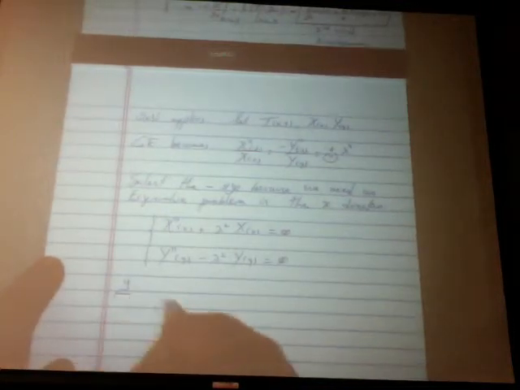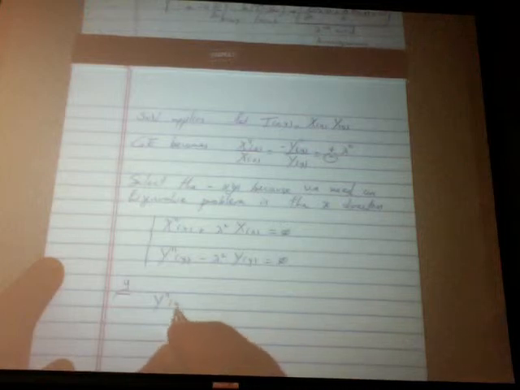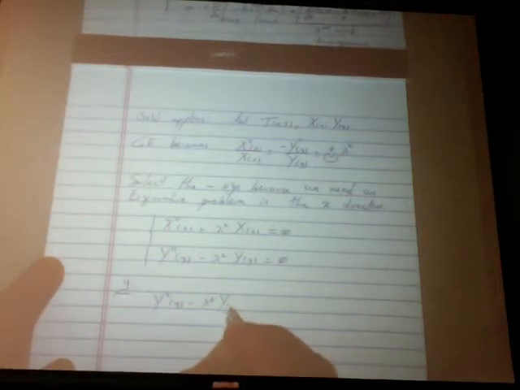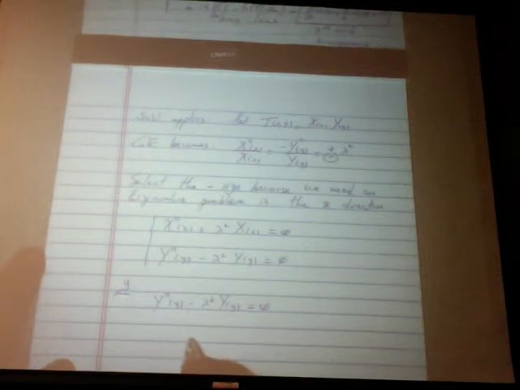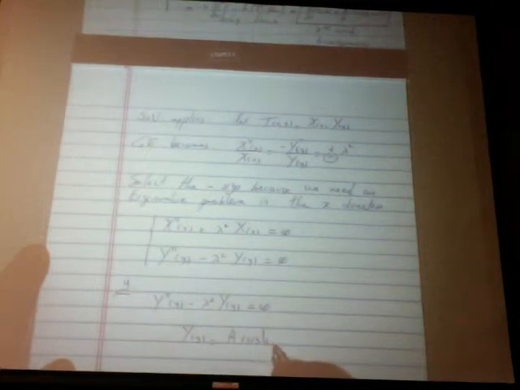We have Y double prime of y minus lambda squared Y of y is equal to 0. And the solution of these is Y of y is equal to A cosh of lambda y plus B sinh of lambda y.